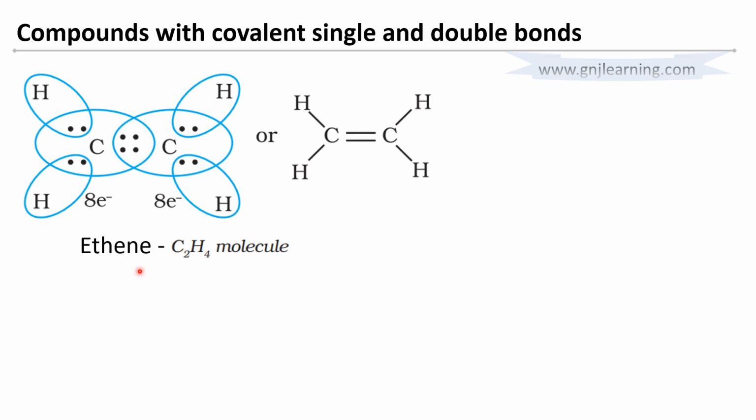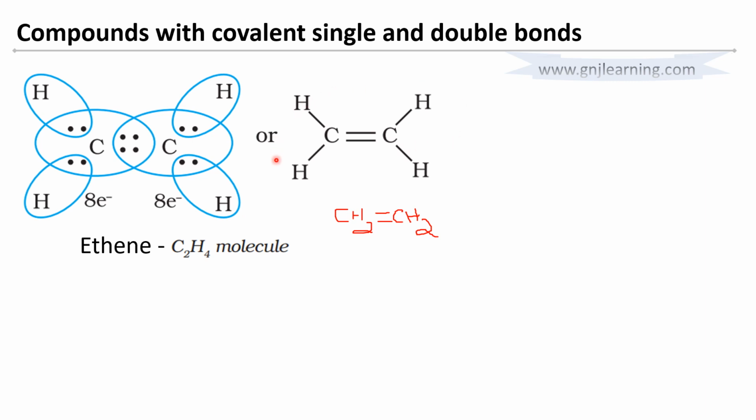For example, ethene. You might have learned this in your lower classes. What is ethene? Ethene is C2H4. I will write it. You might have learned it like this: CH2 double bond CH2, which can be represented like this.